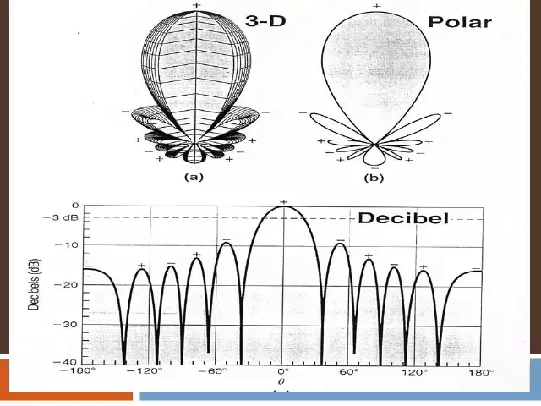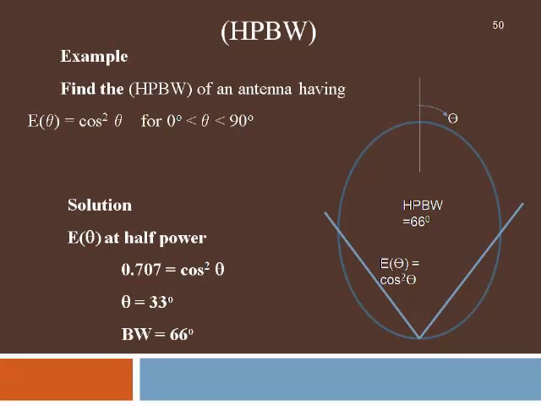You can see how this 3D radiation pattern is taken in two different planes. One regular vertical cross section is shown separately as a polar diagram in the second one, and the corresponding rectangular graph is shown in the third diagram. Let us see what we mean by this HPBW.